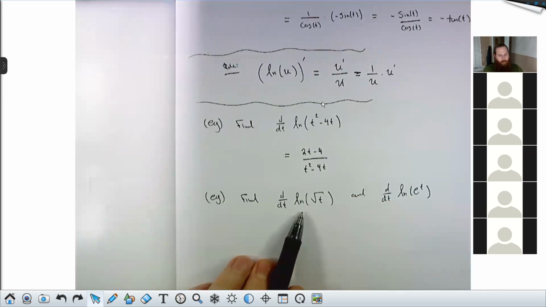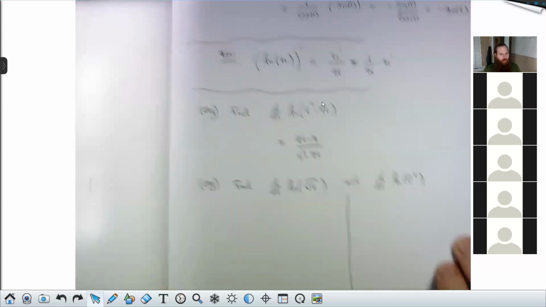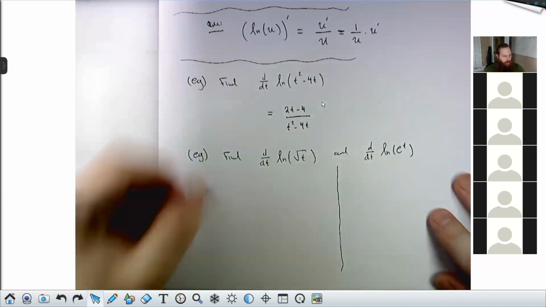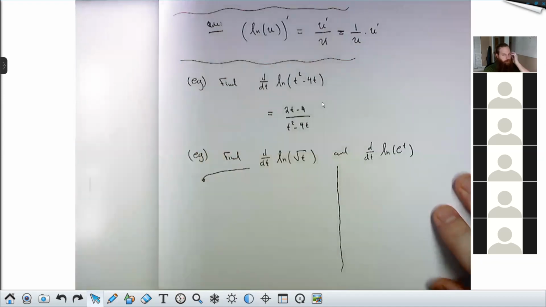How should I attack this problem? Very good.